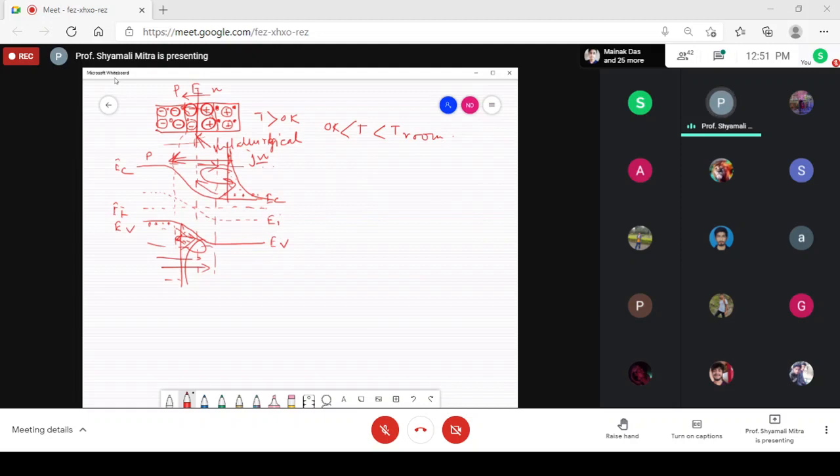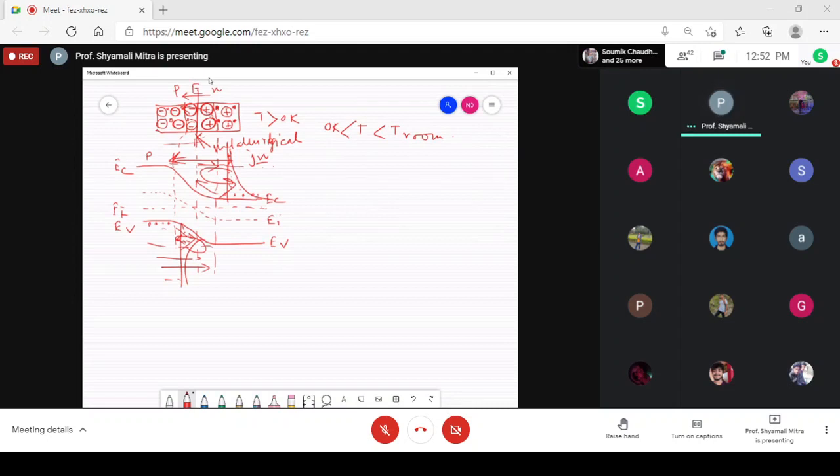We can calculate this width based on the barrier potential, that is VBI, and for that calculation we need how much charge is present in this depletion region. Those calculations will go hand in hand to finally calculate the electric field that is being generated at this depletion region.